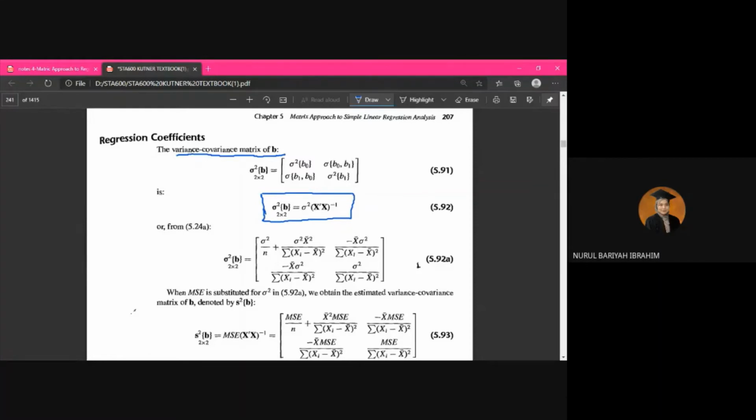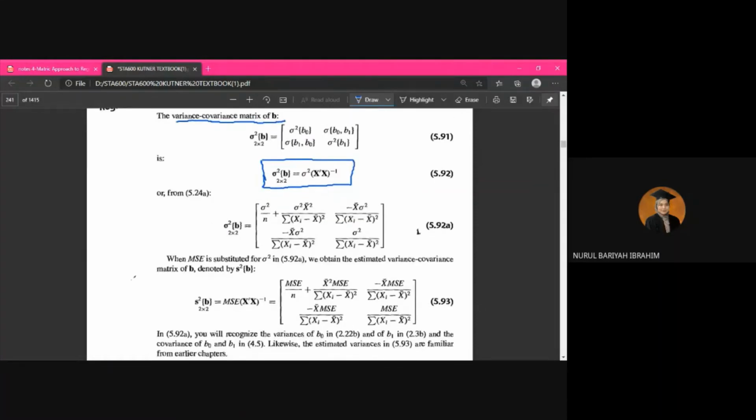So in this case, for simple linear regression, we have two parameters, beta 1 and beta naught. Because of that, the variance covariance matrix will be 2 by 2. As I mentioned before, the diagonal here will be the values of the variance, and the other values here are the covariance between the two variables.